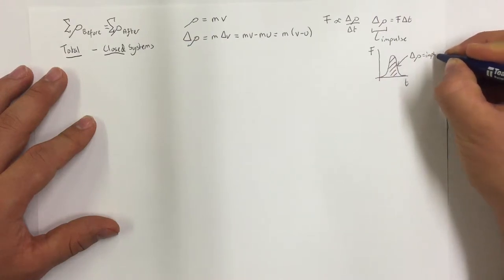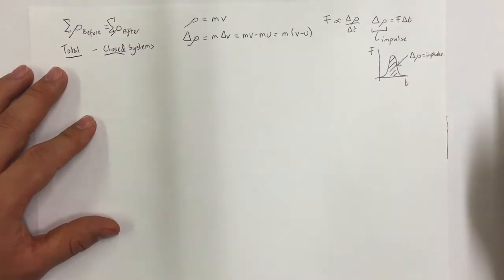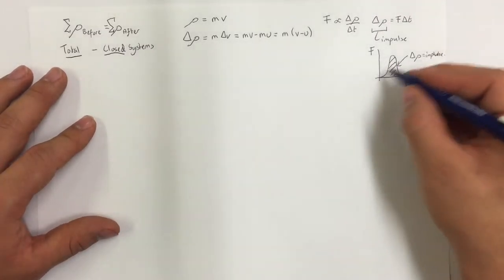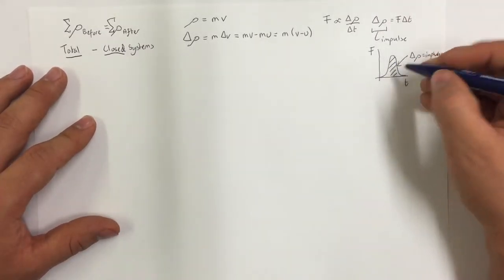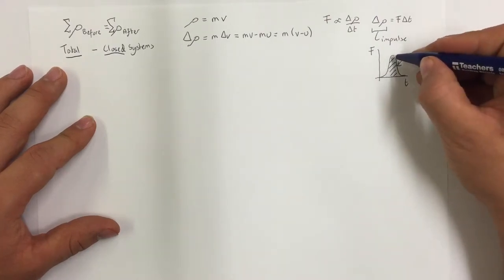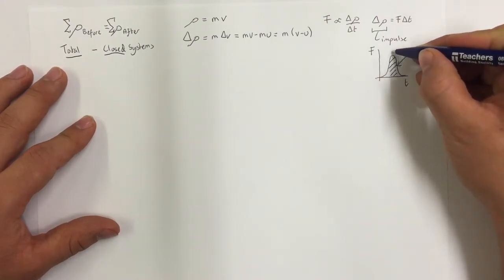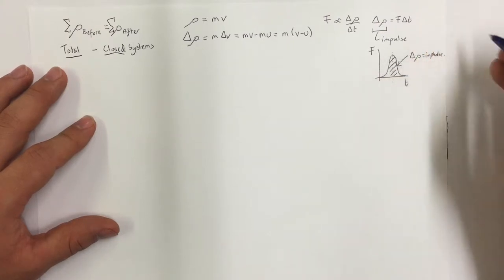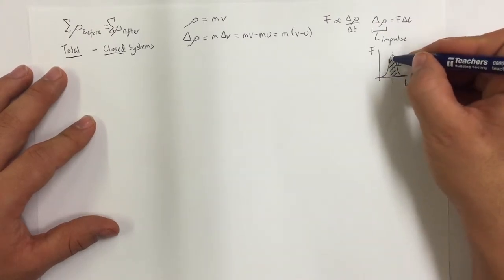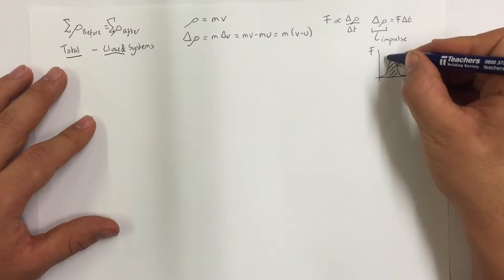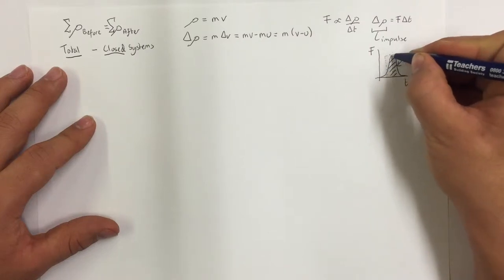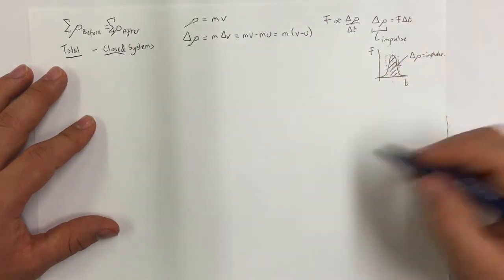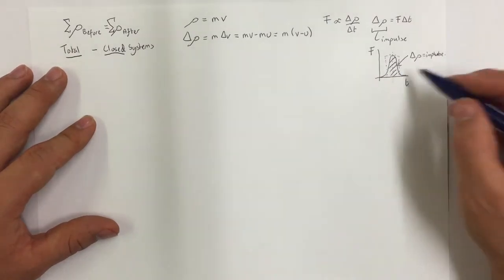Now that means that I can work out the area under the graph. If I was doing it for a shape like this, what I would have to do is either split it into two triangles and then halve it as an estimate. I could count the squares, or I could do an approximation and turn it into a rectangle and use that. Any of those methods for working out the area under the graph would give me my impulse.